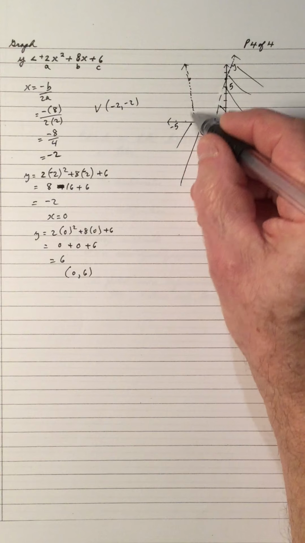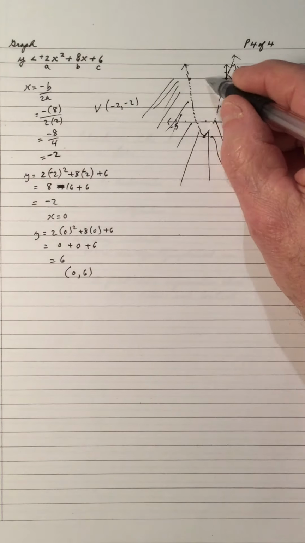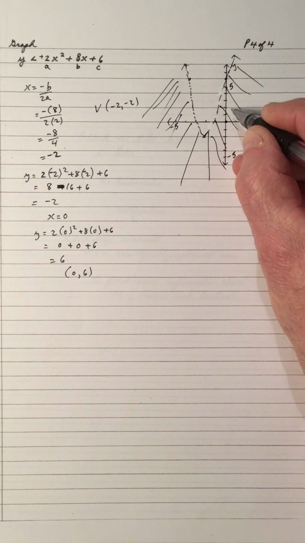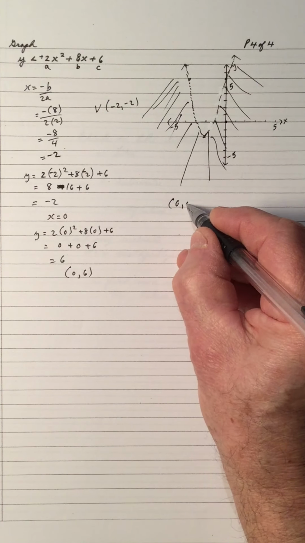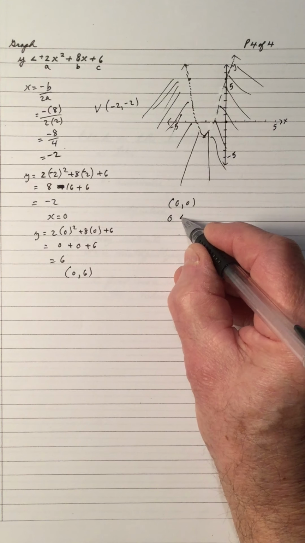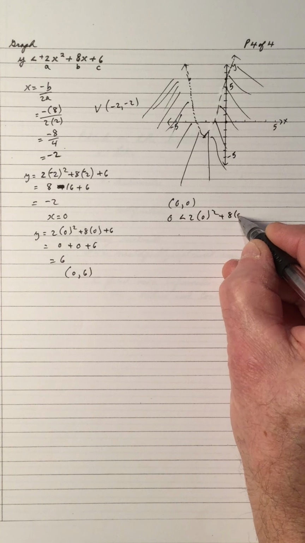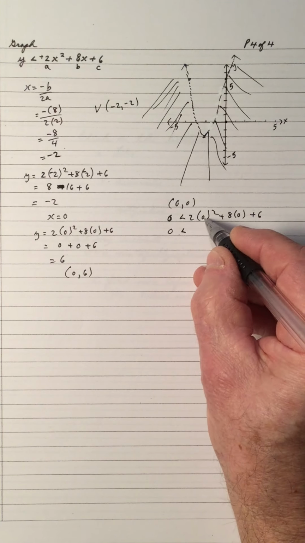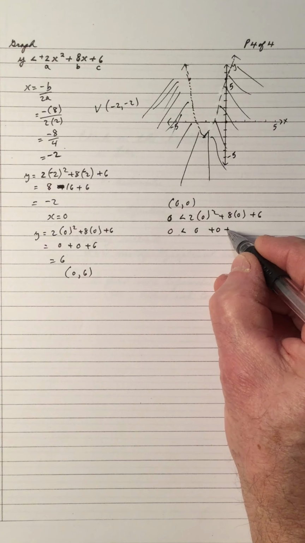So there it is. If this was greater than, I would be shading in here. Again, if you take the point 0, 0, which is the easiest to do, it is on that shaded region. If you want to check it: 0 less than 2 times 0 squared, which is 0, plus 8 times 0, which is 0, plus 6.